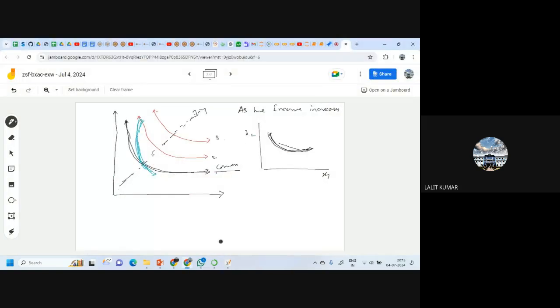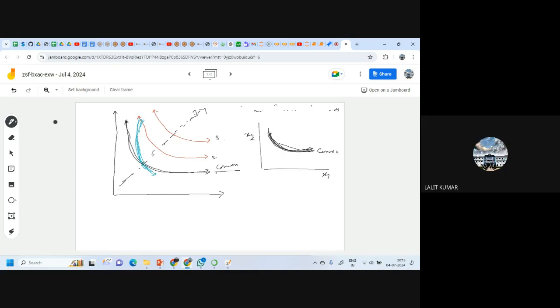Which one? I guess that convexity preference. Basically these preferences which are there. Okay, I'll just draw it again here. So this is x1 and x2. So this curve also looks like this. When I'm taking more x1, then x2 decreases. If I'm having more x2, then x1 decreases. So this curve is a convex curve.